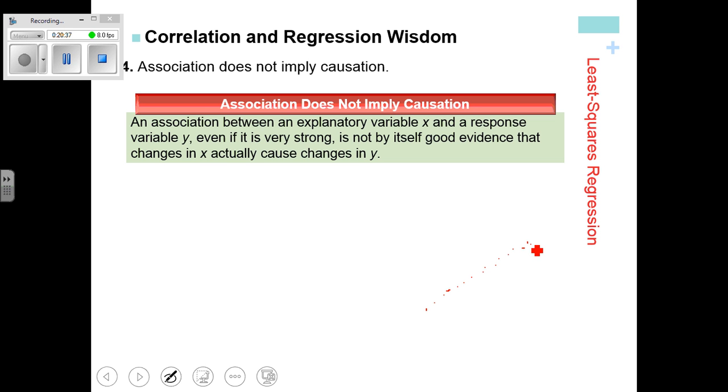But there was an extra variable there, and that was population. As population was increasing, the number of ministers was increasing, and the amount of rum was increasing. It didn't necessarily mean as you were adding ministers, it was causing more rum to be purchased. So remember that the correlation or association does not mean that one is necessarily causing the other. They might just be related because of a different variable.